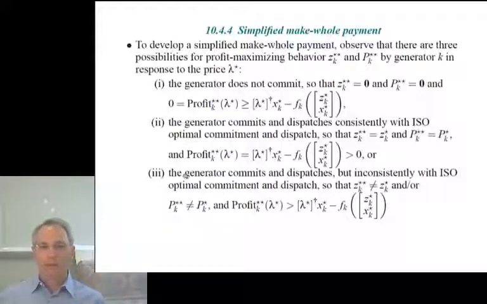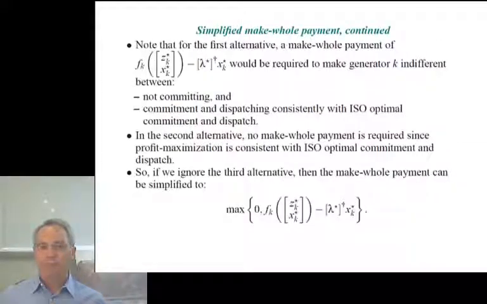The third possibility is that the generator commits and dispatches, but that commitment and dispatch is not consistent with the ISO commitment and dispatch. That is to say, either ZK double star is not equal to ZK star, or PK double star is not equal to PK star. And of course, in that case, the maximum profit would be strictly greater than the profit under the ISO optimal commitment and dispatch.